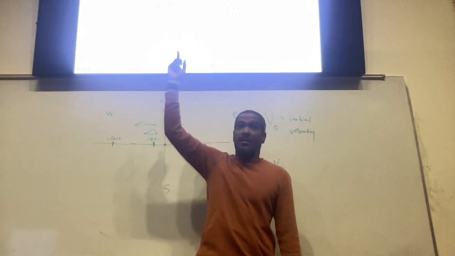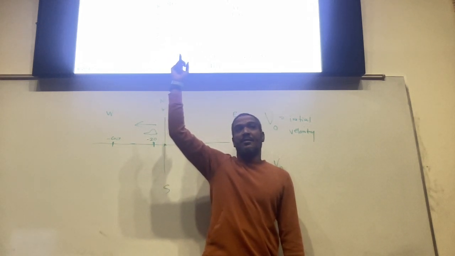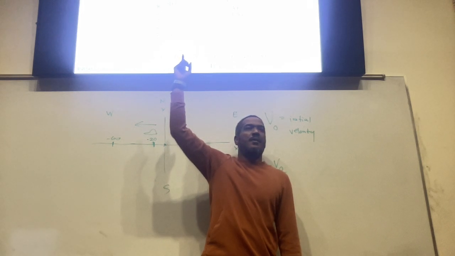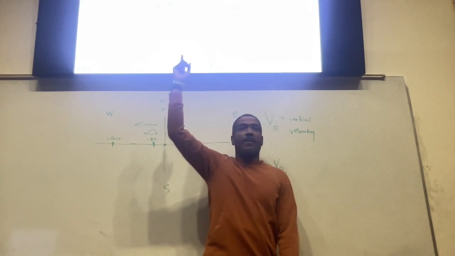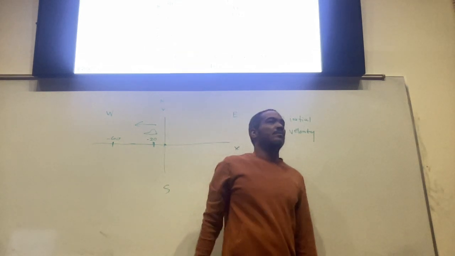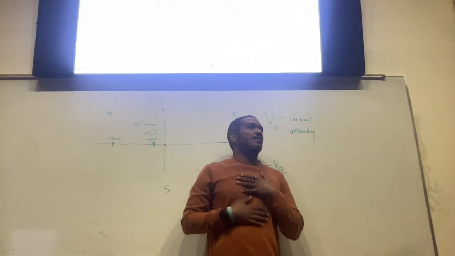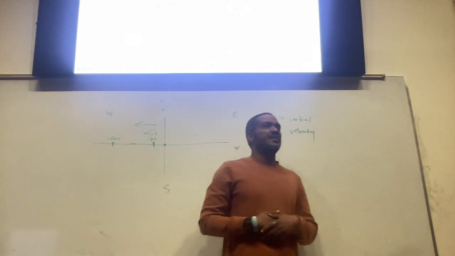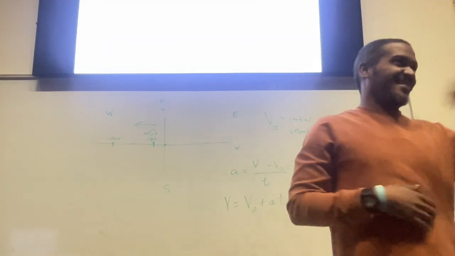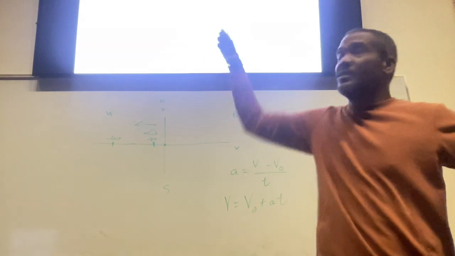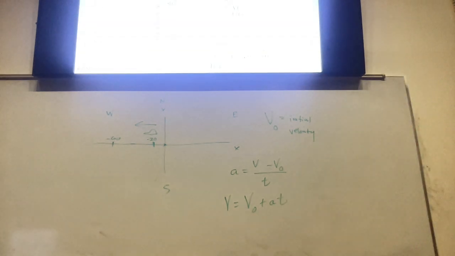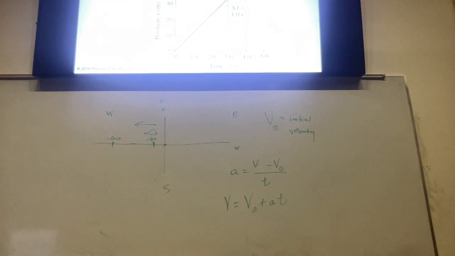No, that's a constant. That's not even a variable if it doesn't change. What is a dependent variable? It's something that changes in response to something else. So what does the position change in response to? Time.